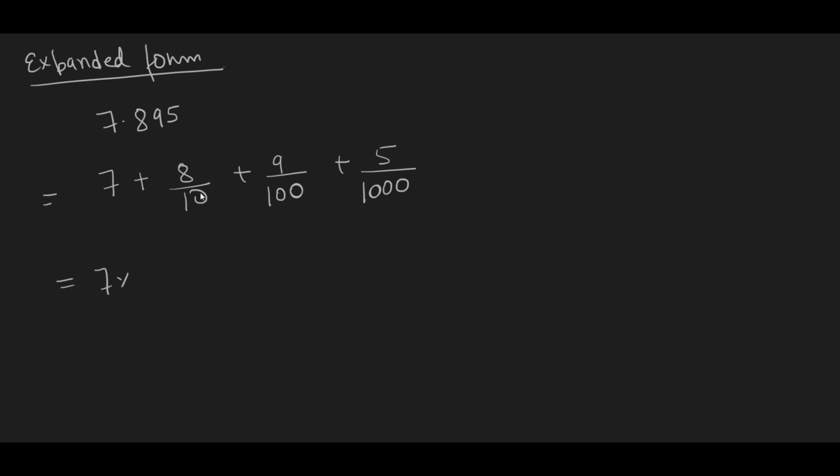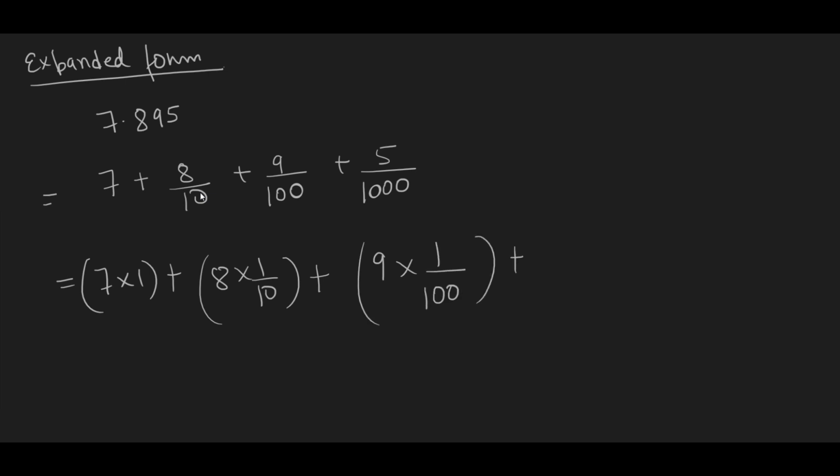So 7 into 1 plus, now this will be your decimal part, 8 into 1 upon 10 plus 9 into 1 upon 100 plus 5 into 1 upon 1000.